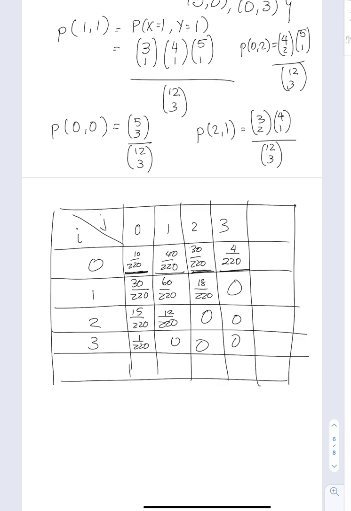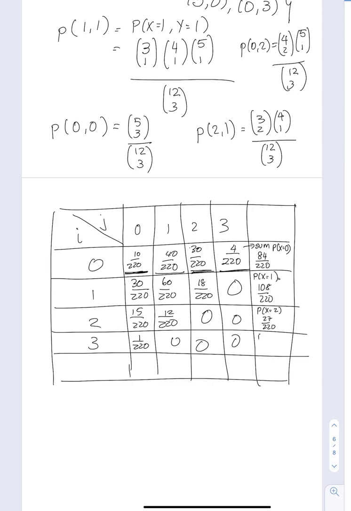Okay, so the sum gives you the probability of X equals 0, and this is 84 over 220. Over here, you'll get the probability X equals 1. If you add these 3, you have 108 over 220. This is the probability X equals 2. That'll be 27 over 220.